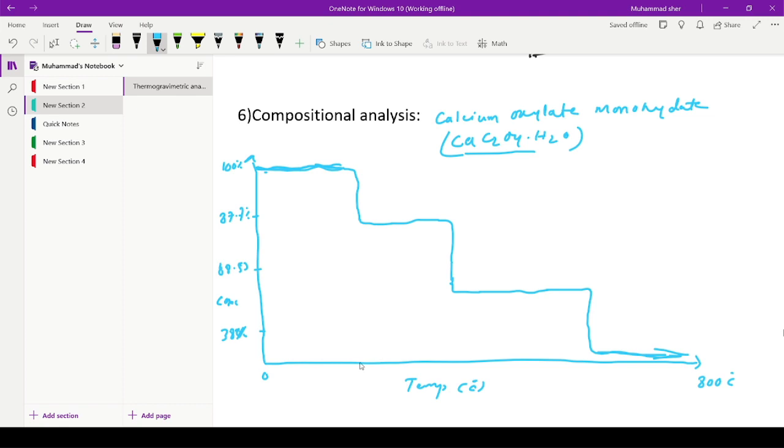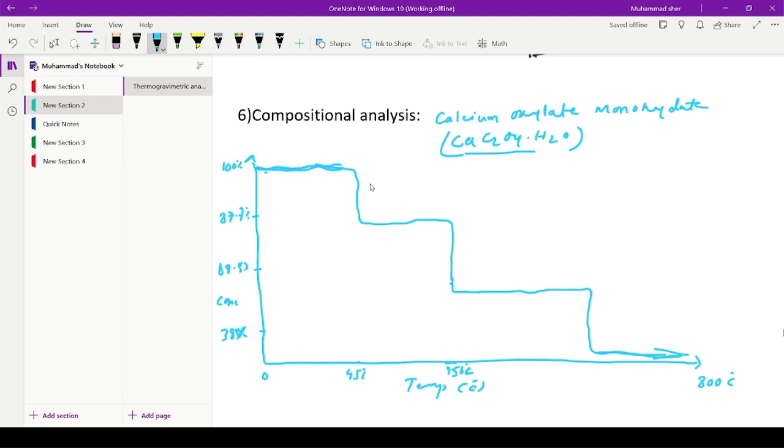Let's say here the temperature is 45 degrees centigrade, and here the temperature is, let's say, 100 or 200 degrees centigrade. We have not calculated it properly, but we take it just to understand this curve, this thermogram.